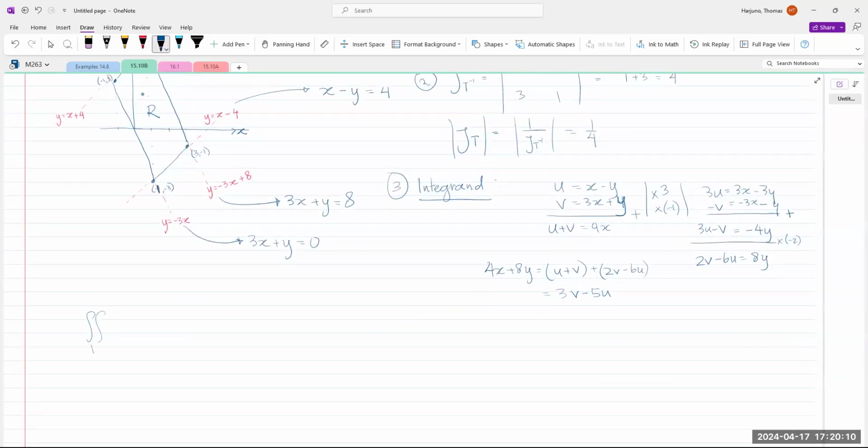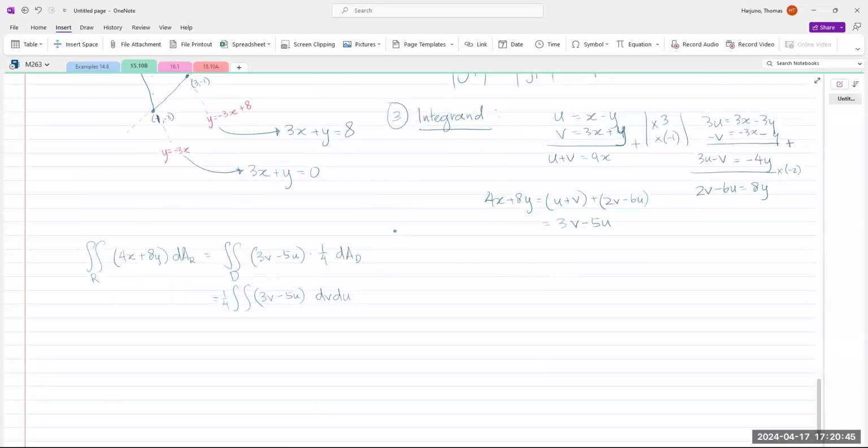The double integral over R of 4x plus 8y dA in R is now the double integral over D of 3v minus 5u times the Jacobian 1/4 dA in D. I take the 1/4 out: 3v minus 5u dv du. The u will be from negative 4 to 4, and the v will be from 0 to 8.